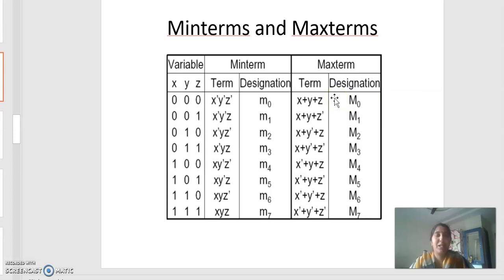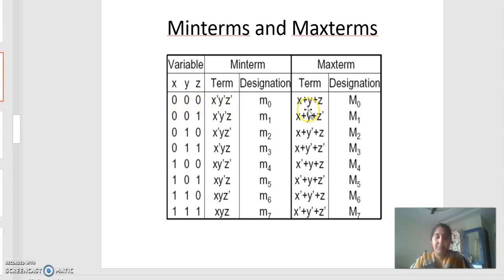And we know that to get zero for the OR term, all the input values must be equal to zero, right? So if we have 0 in the variable, we have to take the direct variable. If we have 1, we have to take the complement form of that particular variable.